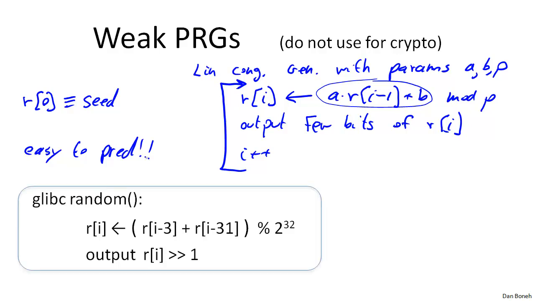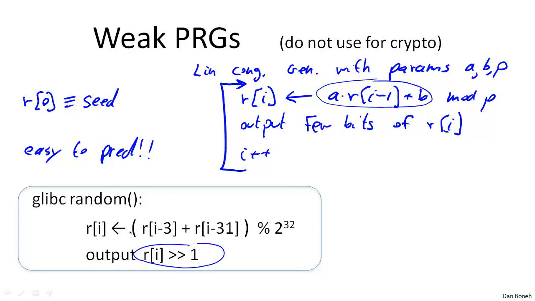Another example is a random number generator that's very closely related to the linear congruential generator. This is a random number generator implemented in glibc, a very common library. I just wrote down the definition here. You can see that it outputs a few bits at every iteration, and it just does this simple linear transformation at every step. Again, this is a very easy generator to predict and should never ever be used for crypto.